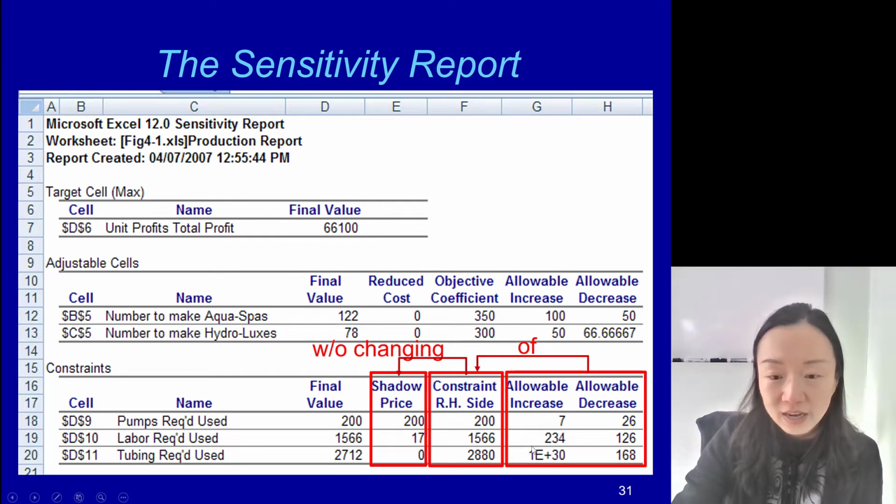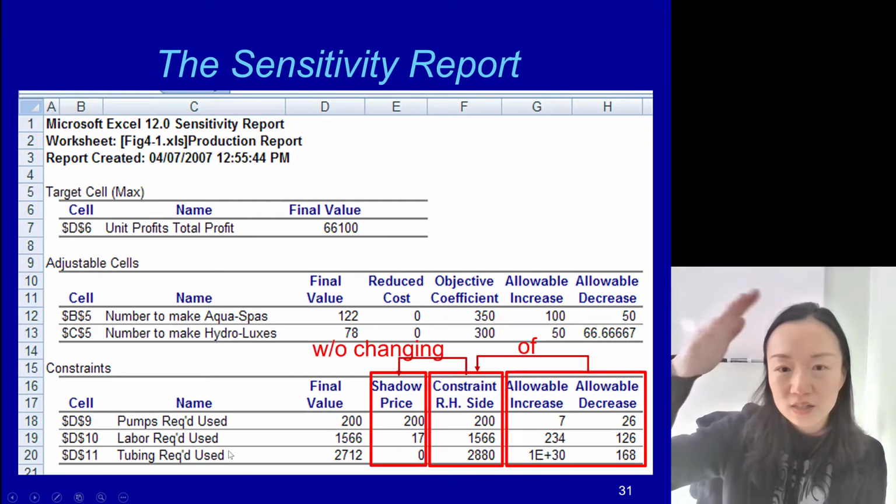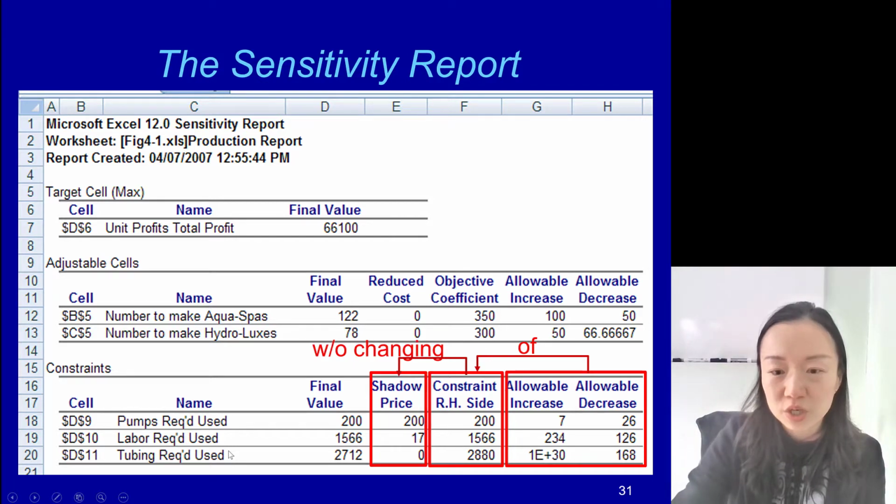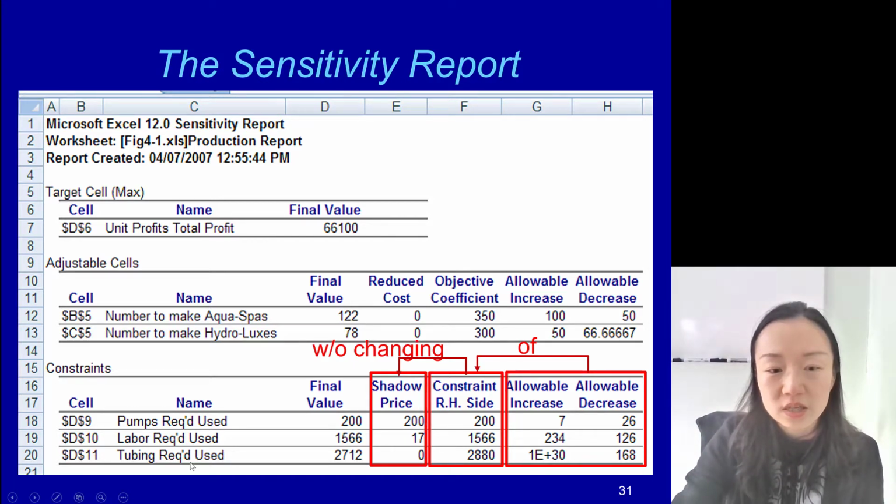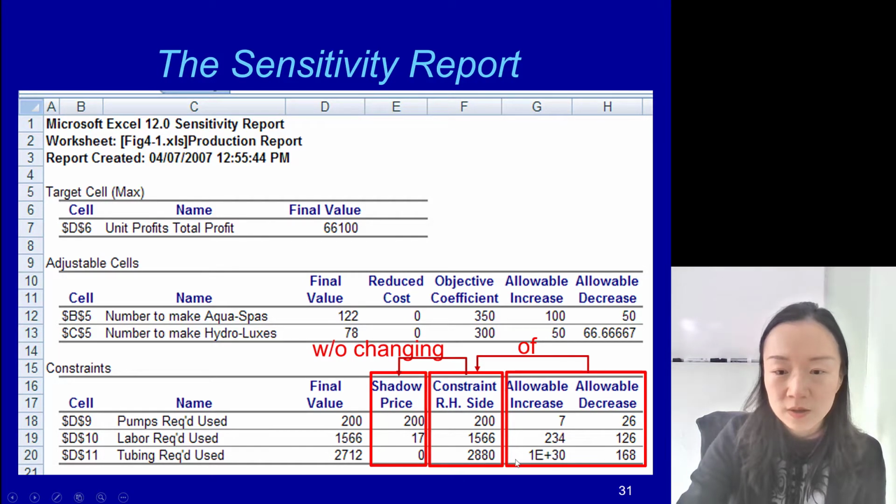Then let's look at this one, the third constraint. We know that this third constraint is on the top of that feasible region, and it defines the feasible region, but does not define where the optimal solution is. And so you can take a look at this value here. In Excel, this big value represents infinity.